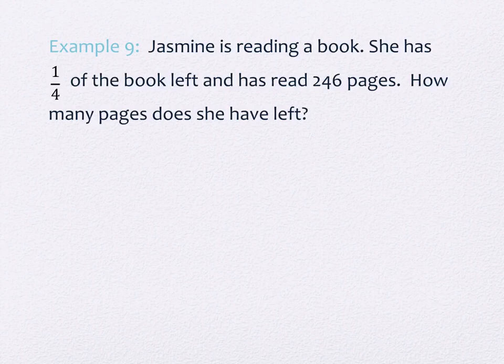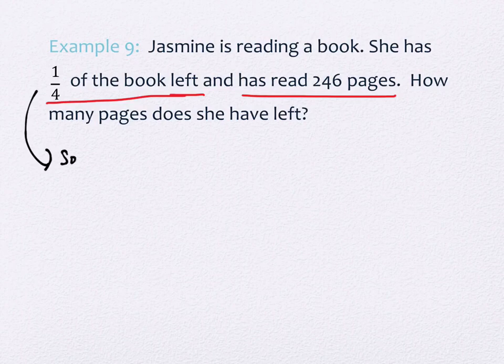So this one actually says she has 1/4 of the book left. It's really important to recognize this is how much she has left, and the other one is how much she has read. Those are not answering the same piece of information. They're not quite the same thing, right? If she has 1/4 of the book left, how much has she read? 3/4. So she's read 3/4.